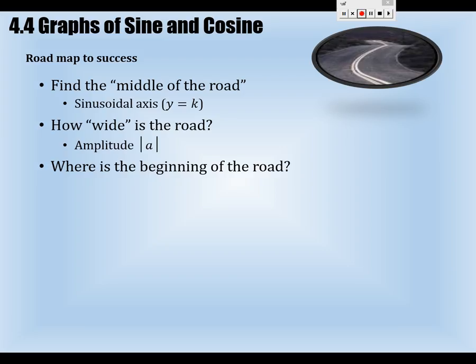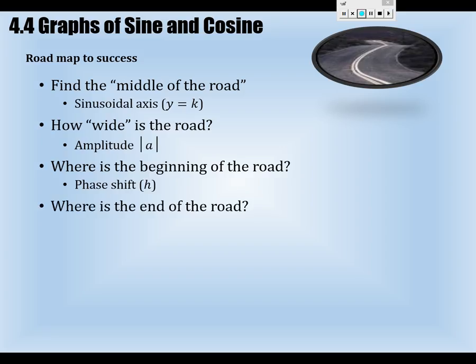Then we might want to think about the phase shift here. So I might start by obeying the phase shift and try to find that place and start my road there. Again, it's an infinite road, infinitely long. But if we're trying to nail down one period, then I might think of the start of that as being at whatever the h value is.